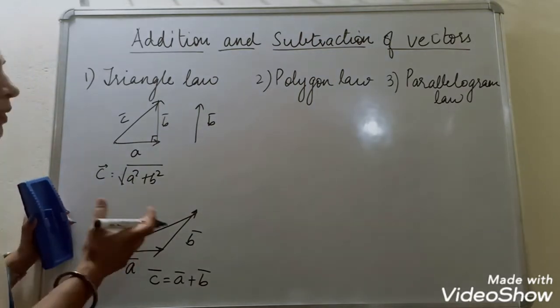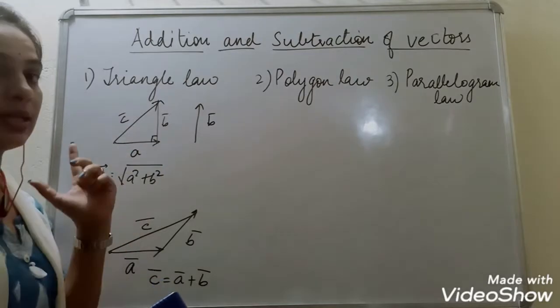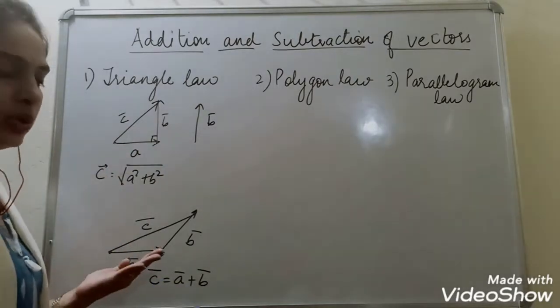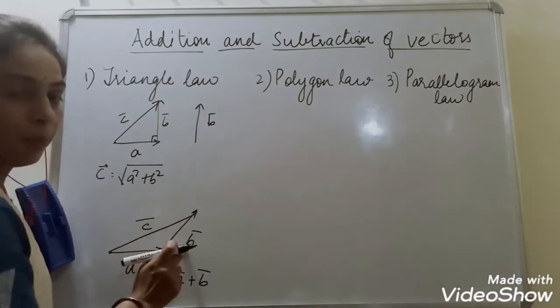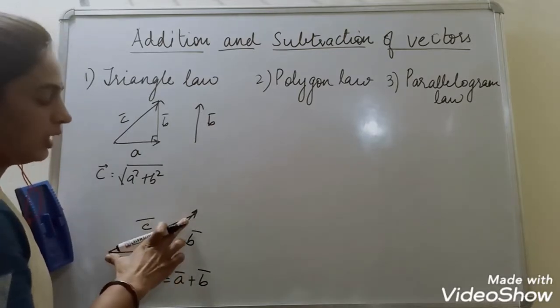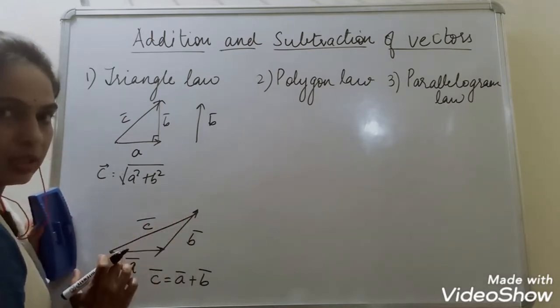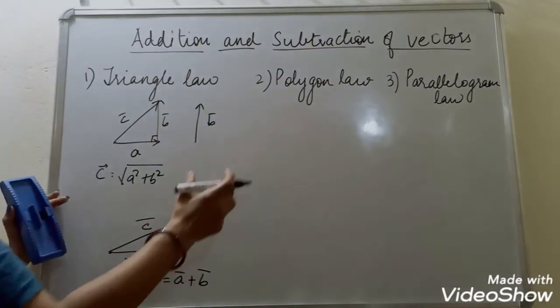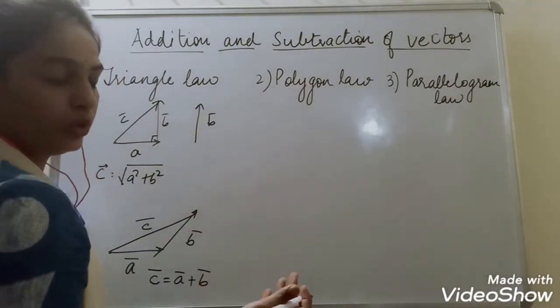Directly you will get that. So using the Pythagoras theorem, if the two vectors are perpendicular, then it's easy to get the resultant. But if, like in this case, the vectors are not perpendicular to each other, then you cannot directly get the resultant vector C.